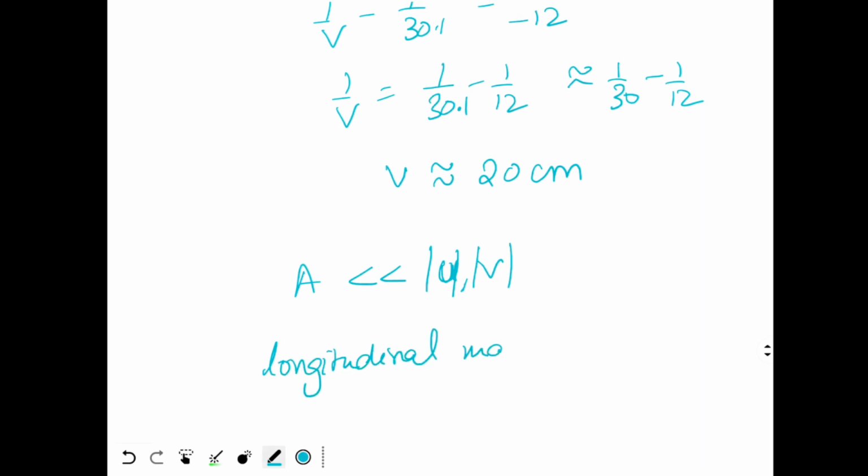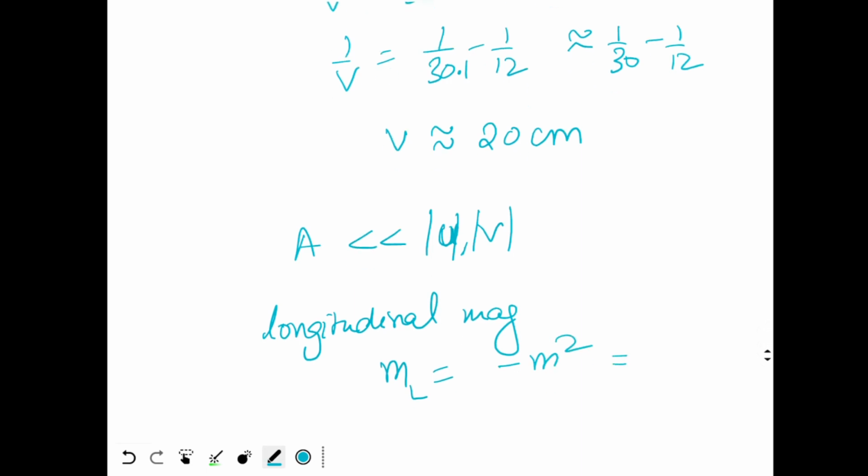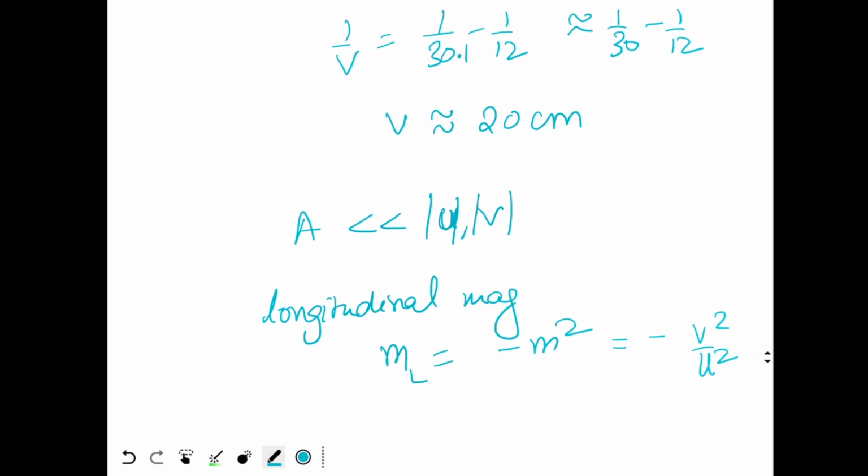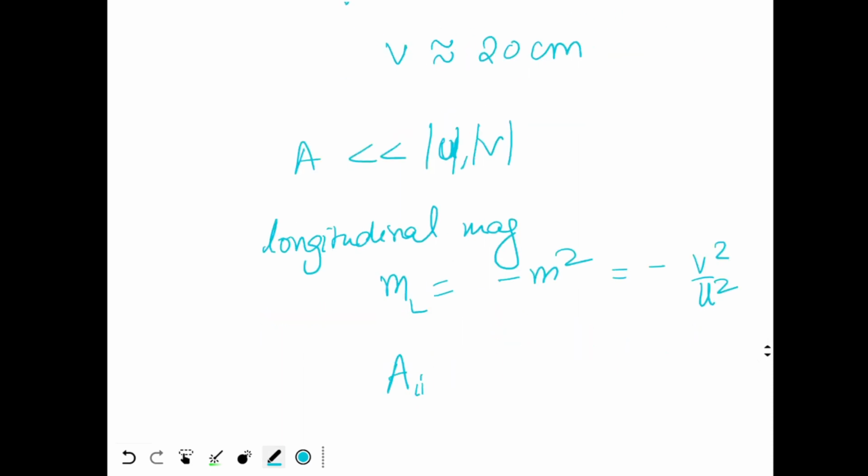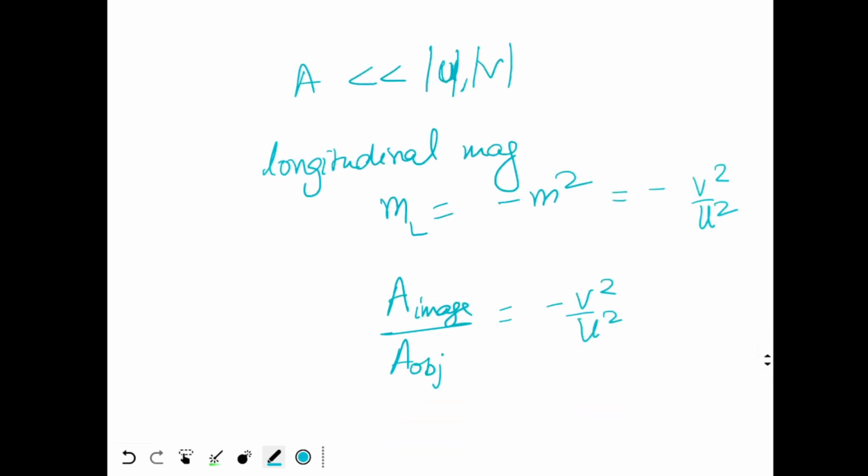Longitudinal magnification formula, ml is how much? Ml is equal to minus m square, lateral magnification, that is minus v square by u square. So I could simply say amplitude of image divided by amplitude of object equal to minus v square by u square.